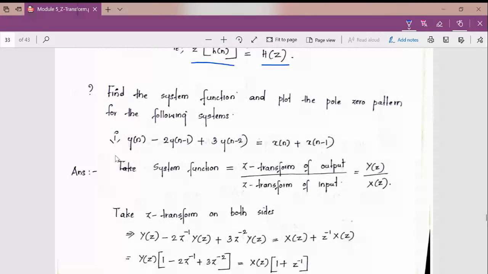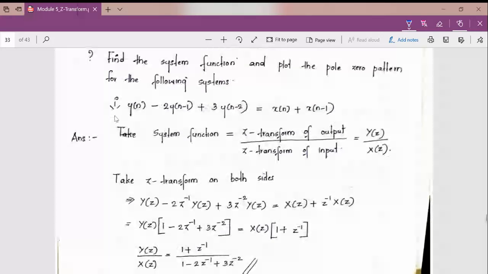Okay, so here we have one question. Find the system function, that is the transfer function, and plot the pole zero pattern for the following system. They are giving one difference equation: y of n minus 2 y of n minus 1 plus 3 y of n minus 2 is equal to x of n plus x of n minus 1.